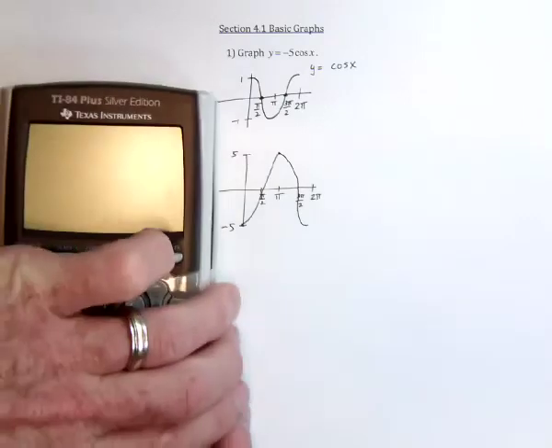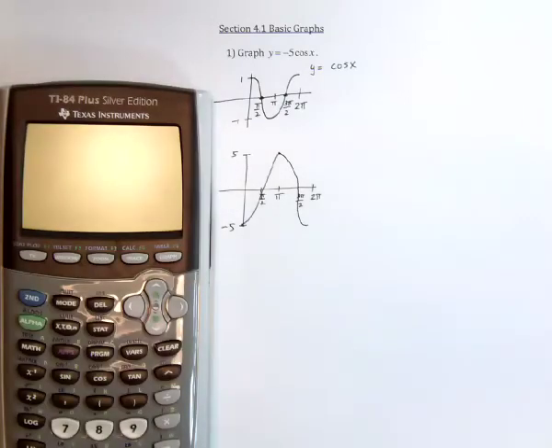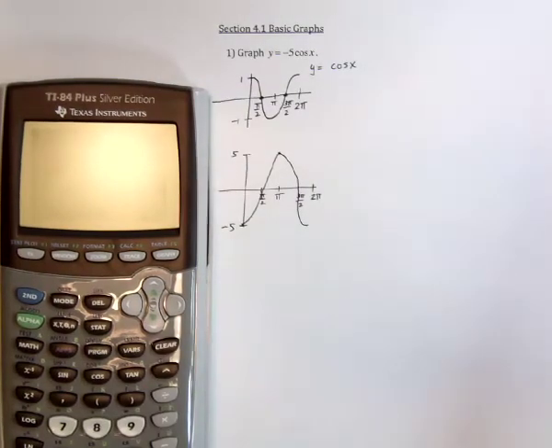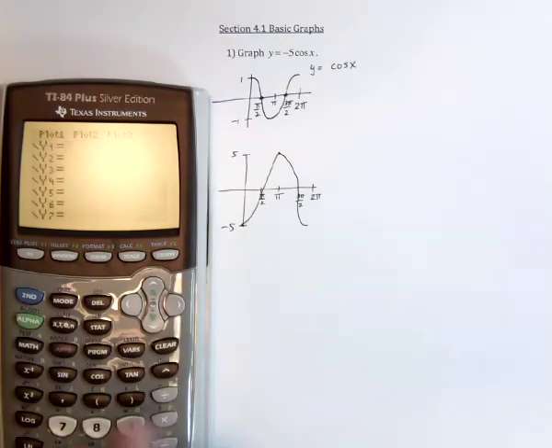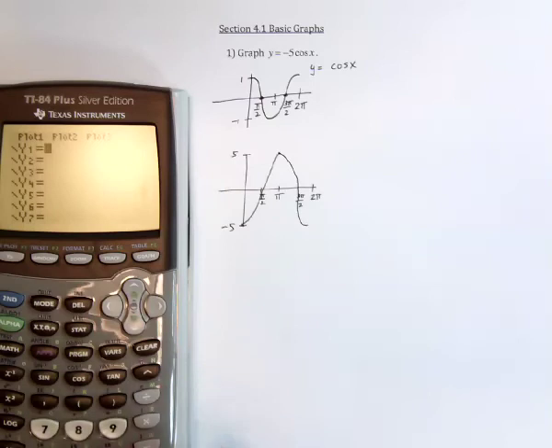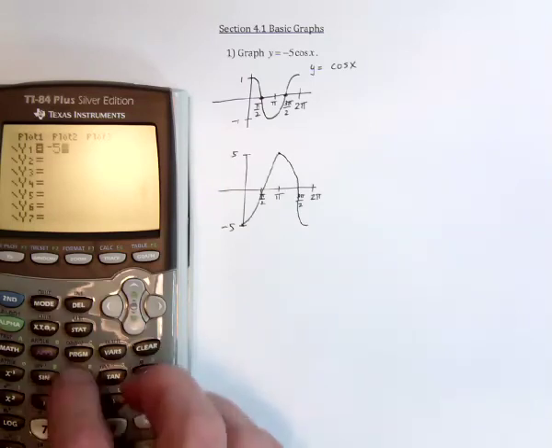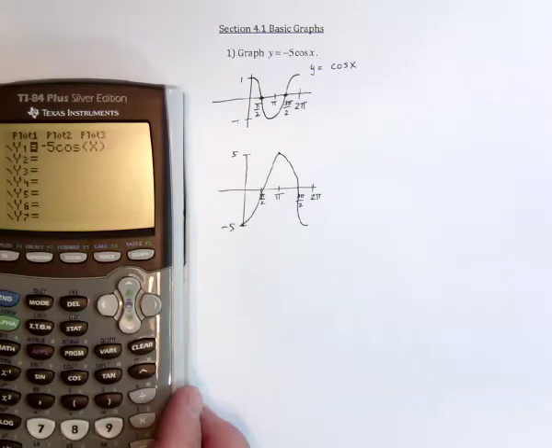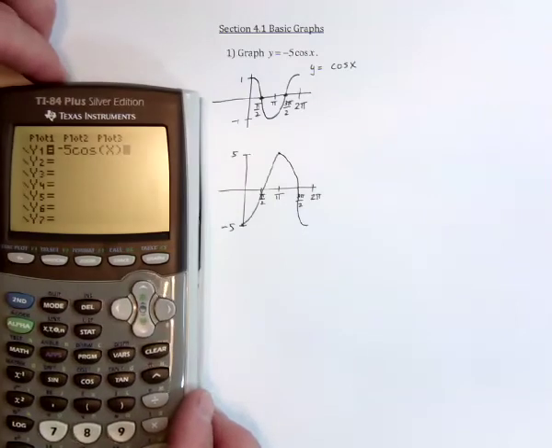And then use the graphing calculator to check. So y equals negative 5 cosine of x. A bit of a glare going on.